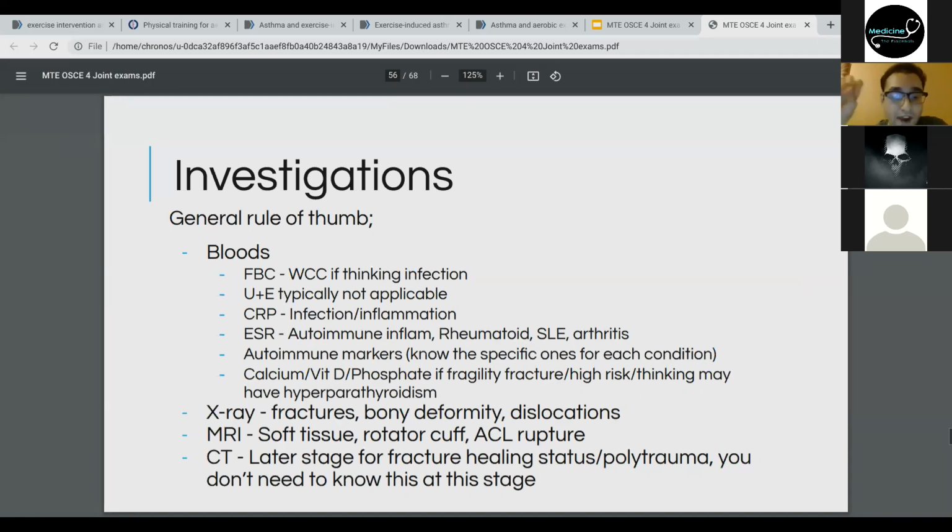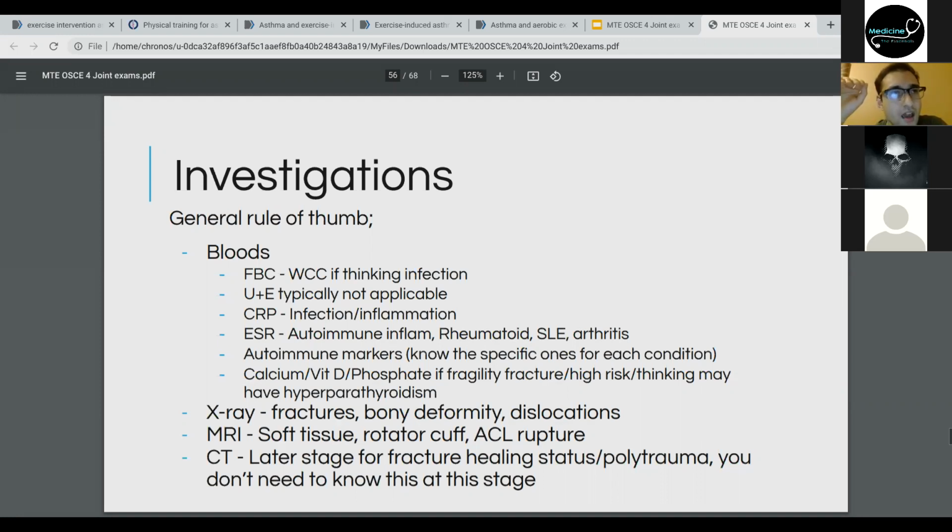So you're looking for fractures, any bony deformity, any dislocations of joints or subluxations. And in the case of osteoarthritis, you are looking for your classic LOSS signs: loss of joint space, osteophytes, sclerosis, and subchondral cysts. That's all your X-ray is going to give you.